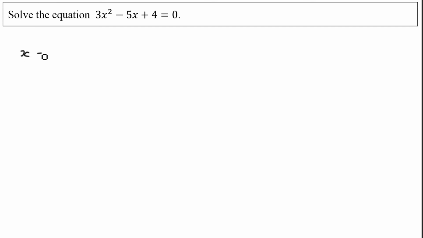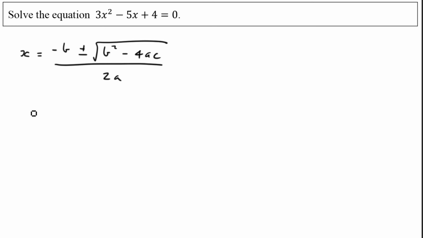So the quadratic formula, x is negative b plus or minus the square root of b squared subtract 4ac, divided by 2a.